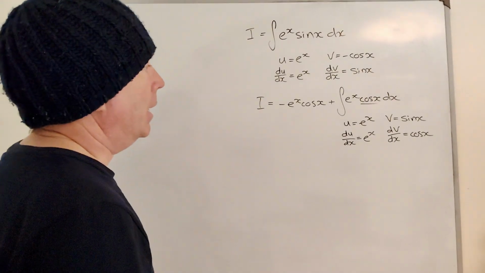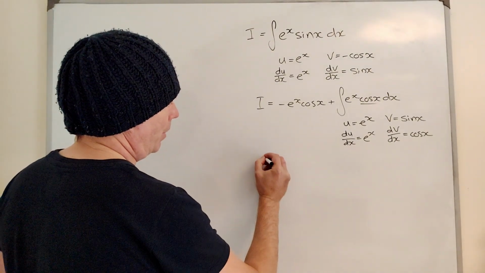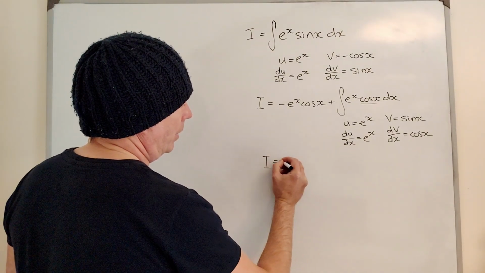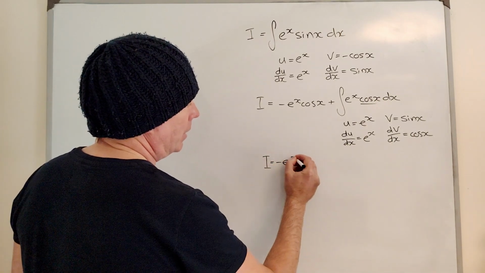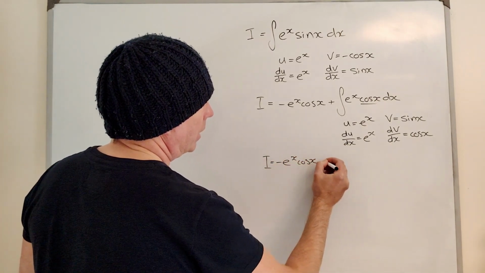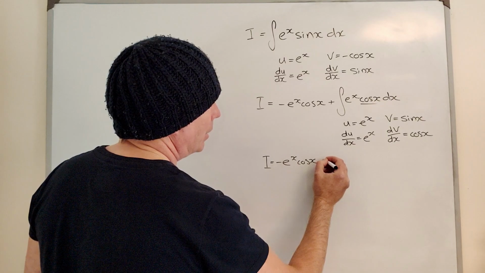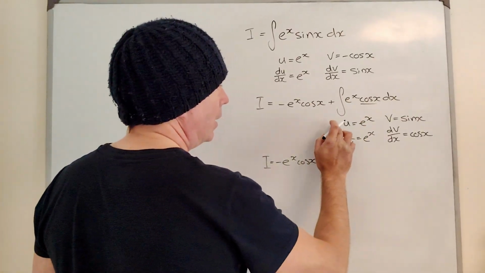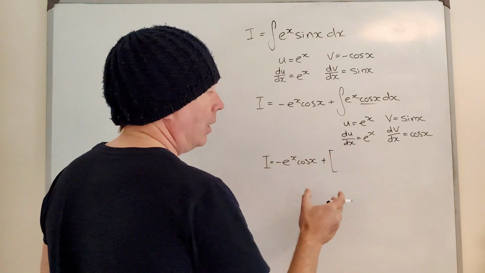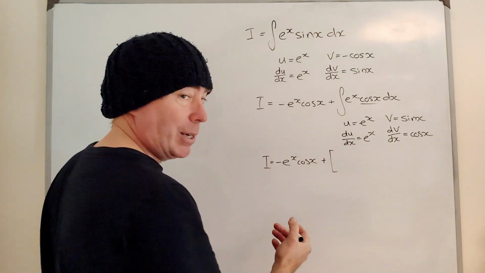Once again, plug everything back in. So our integral now becomes negative e to the x cos x plus, now this is going to be our new integral, so it's going to be uv, so I'm going to put this in square brackets. If this is negative outside, it's going to affect everything inside.